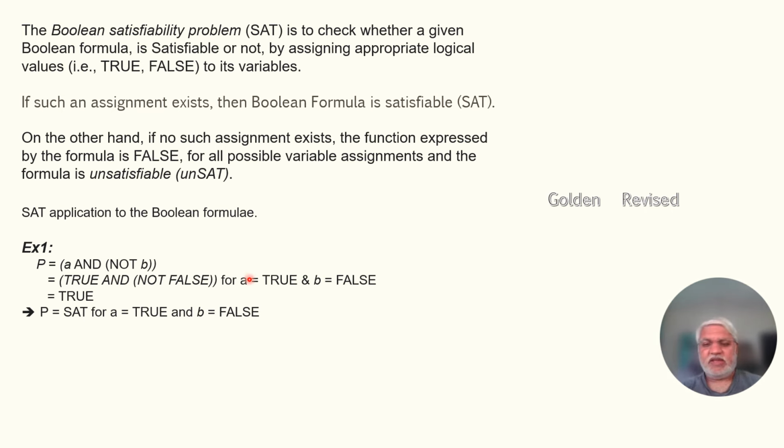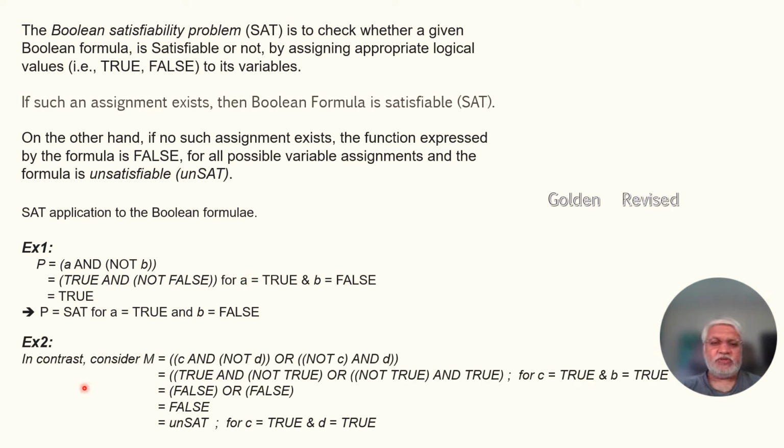In the same way, consider another expression or formula M, where M equals C D bar plus C bar D, an XOR function. So C and D bar plus C bar and D. If you apply this specific function M, which is an XOR, with the values for C as true and D also as true, then you will notice that this becomes true and not true, or not true and true.